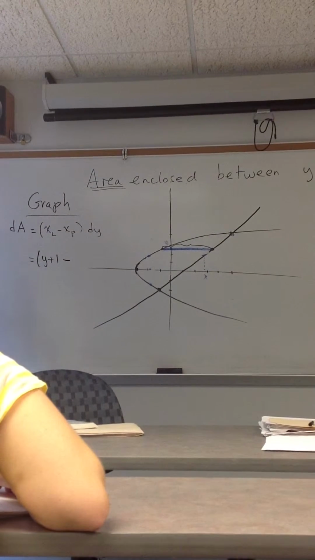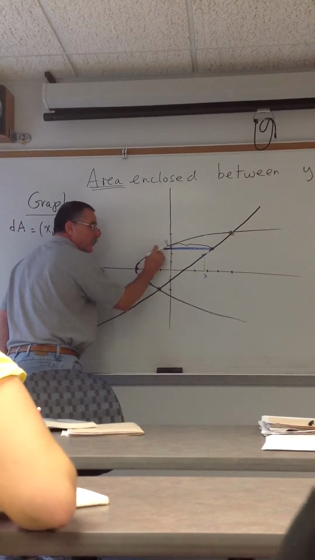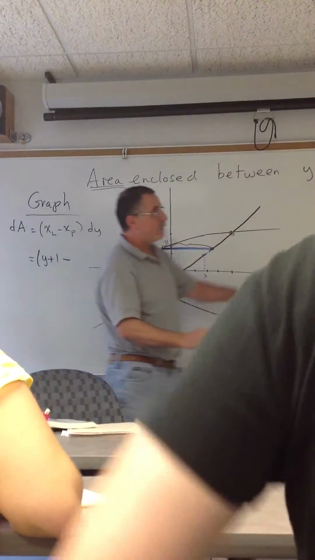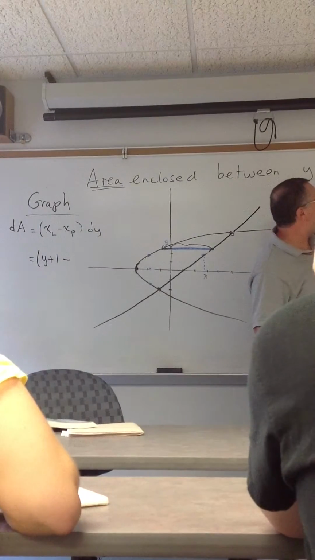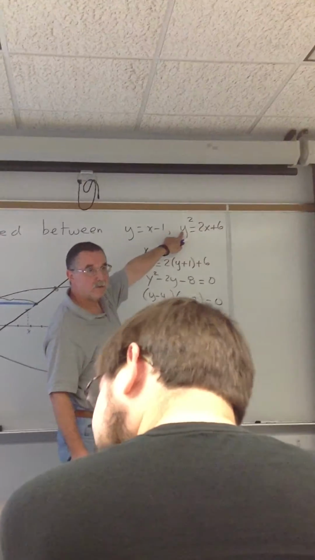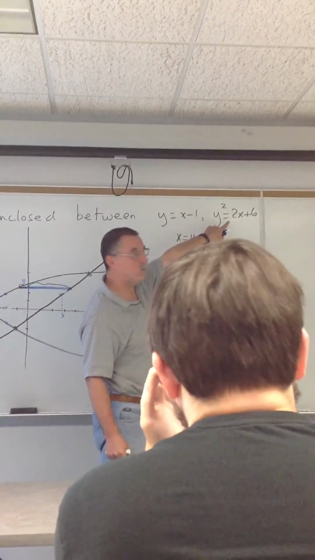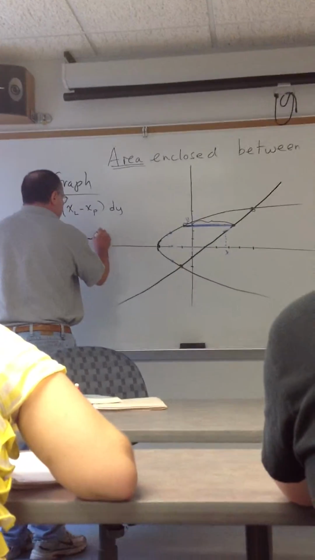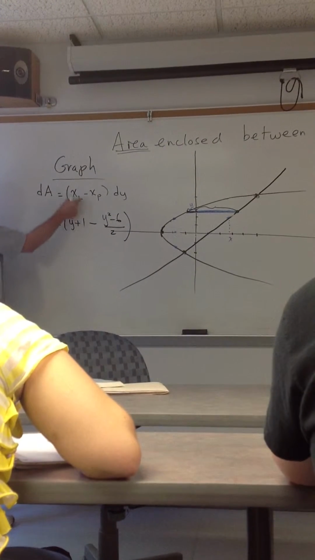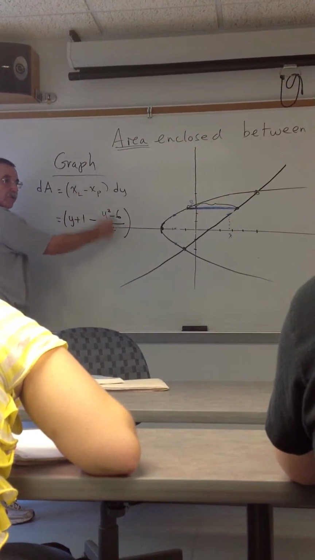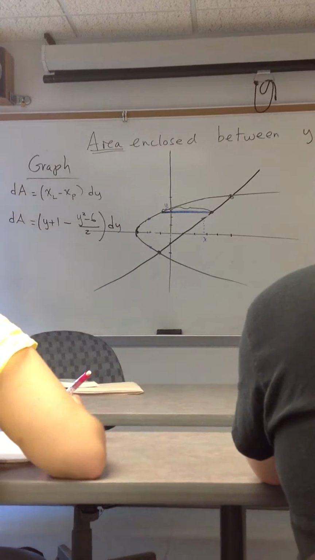Minus, if you give me this height y, what is the x coordinate of the point on the parabola? It's y squared minus 6, divided by 2. Can you see that? That's the x coordinate of the point on the line, and this is the x coordinate of the point on the parabola, written in y. That is the area of that horizontal slice.